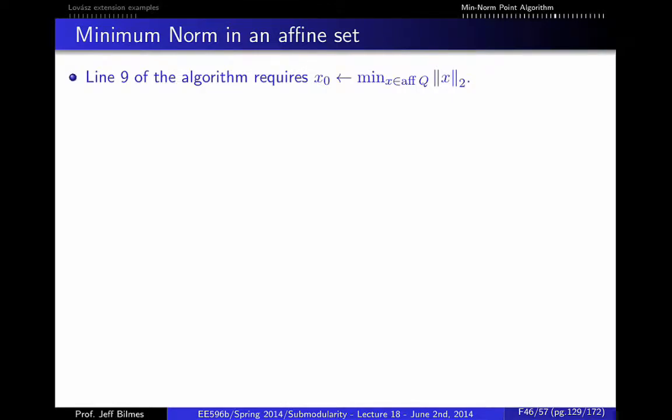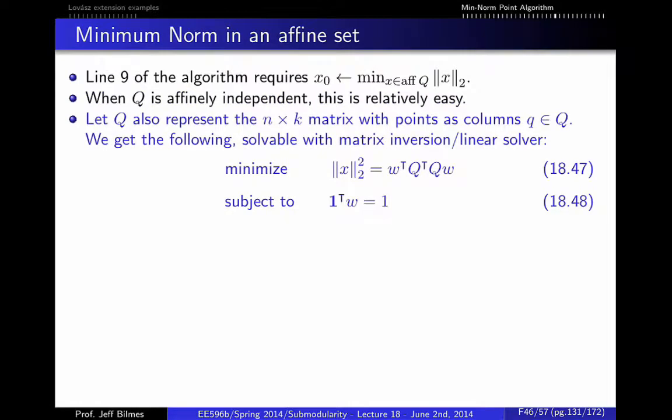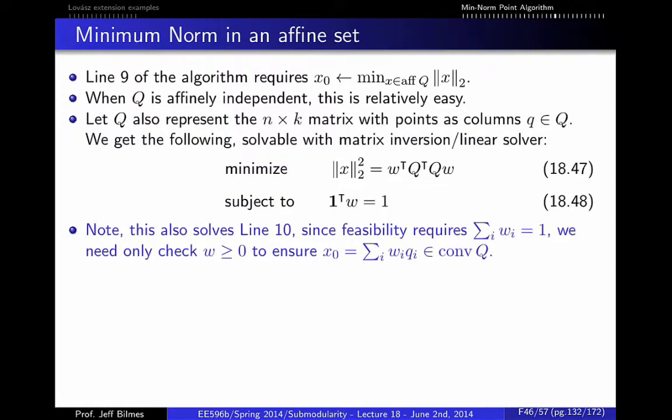The other benefit is that it gives us a really easy way of solving the problem in line 9, which I said was potentially a worry. When Q is affinely independent, this is relatively easy. We just do this linear solver. I think this is one of the most straightforward parts of the Wolfe paper, so I'm not going to spend any detail on it. It's just a linear solver.